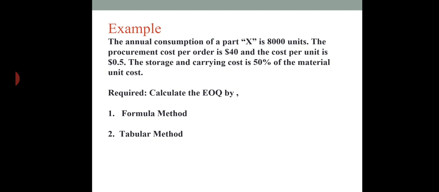Applying both the formula method and the tabular method, first let's see the formula method. Here A is the annual consumption, 8,000 units, B is the buying cost per order, $40, C is the cost per unit, $0.5, and S is the storage and carrying cost, 50%.